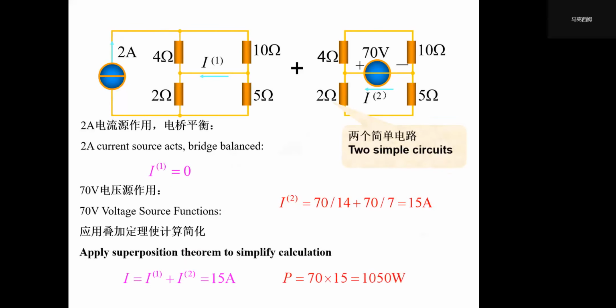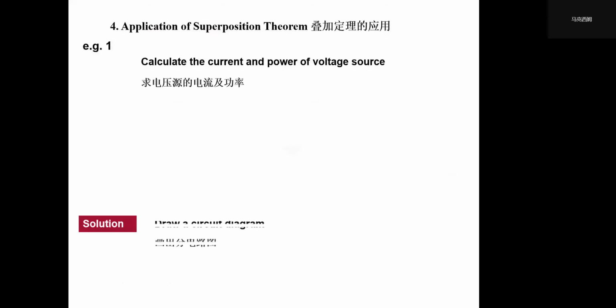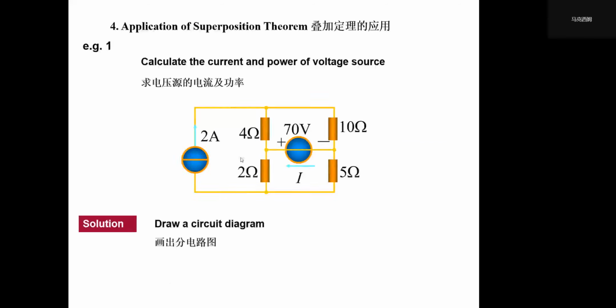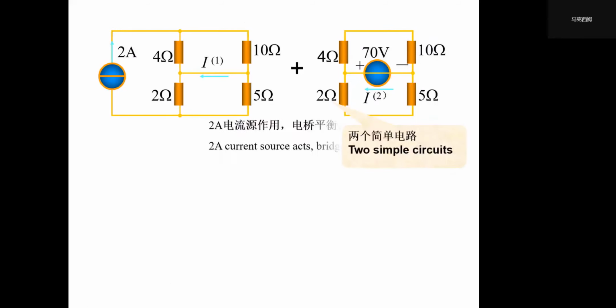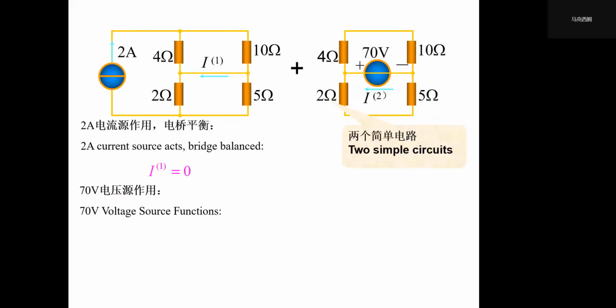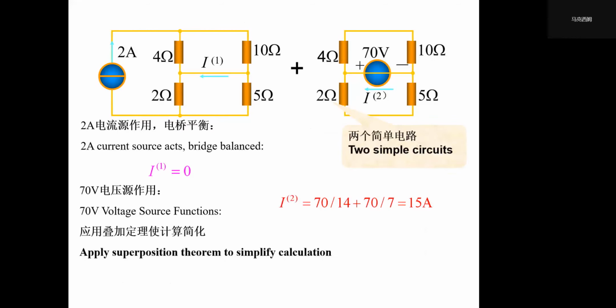And the power, we already said that the power equals 70 times I for this voltage source. So it's 70 times 15, right?